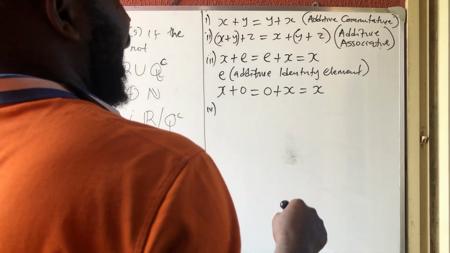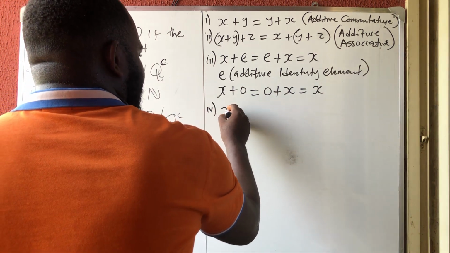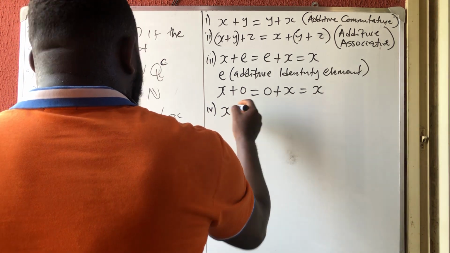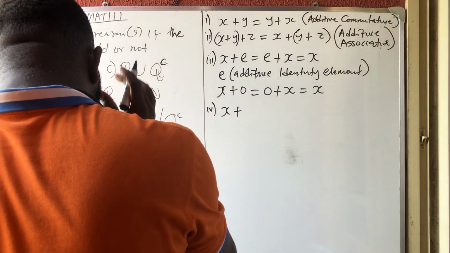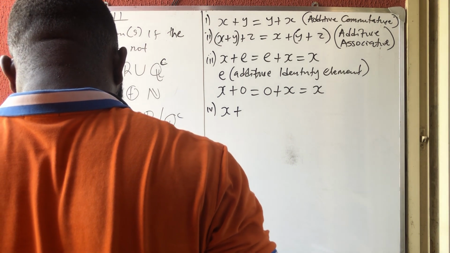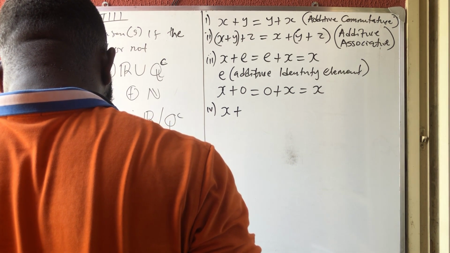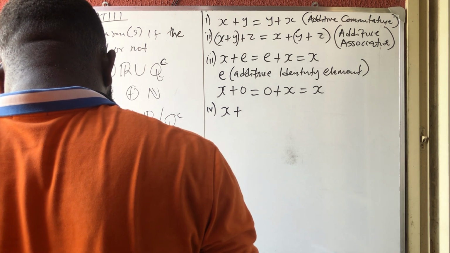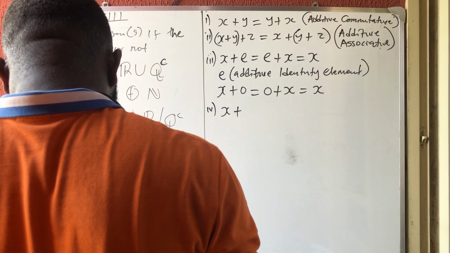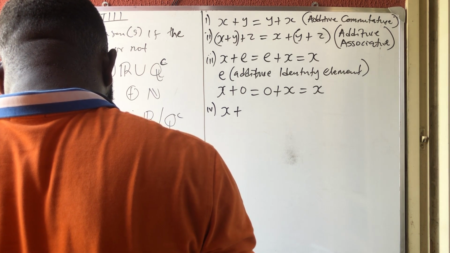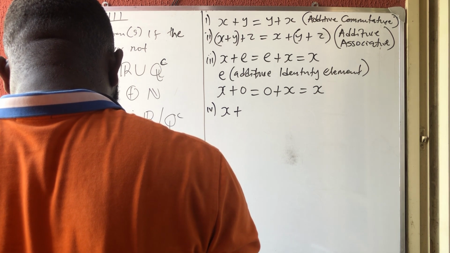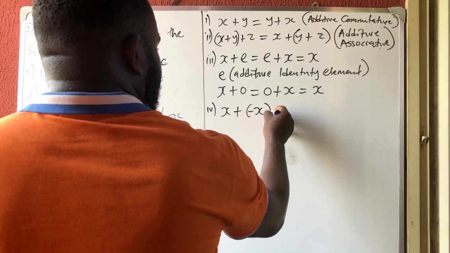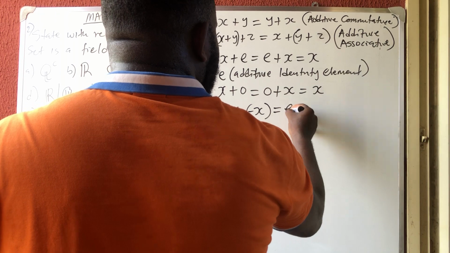The next one we'll talk about is additive inverse. Additive inverse means if there is an element x and you add it with another element, minus x, it will give you that identity element.